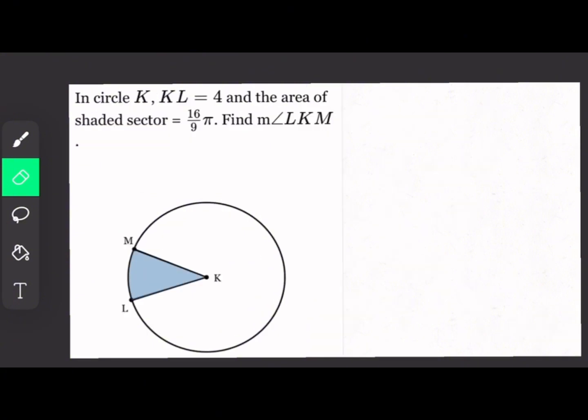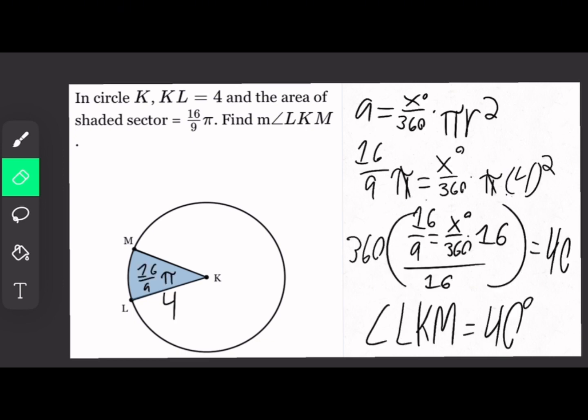Alright, in circle K, KL equals 4, and the area of the shaded sector is 16 over 9 pi. Find the measure of angle LKM. Okay.